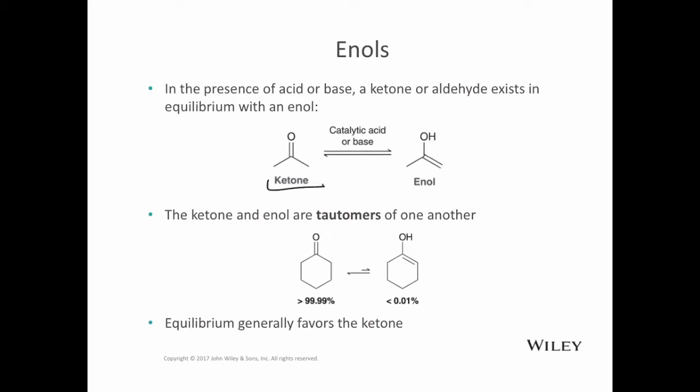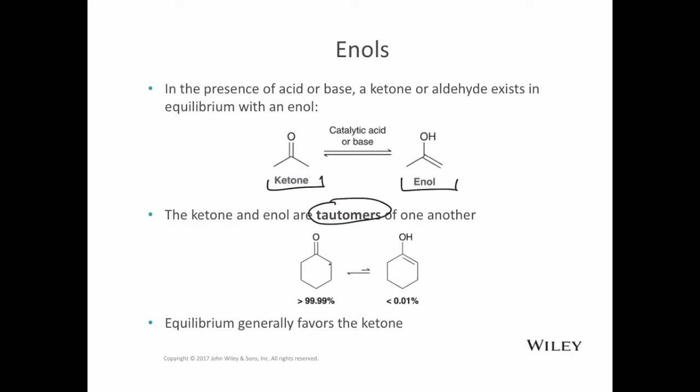So this would be the ketone form, and this would be the enol form. The ketone and the enol are what we call tautomers of each other. So they are not resonance structures because they don't differ in just the placement of electrons. The atoms are actually connected differently.